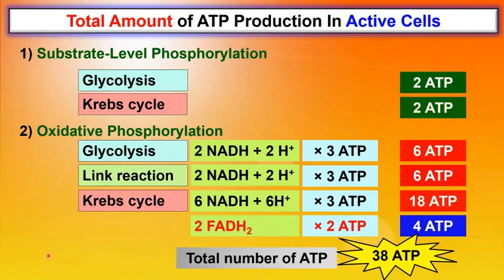So the grand total is 38 ATP produced from one molecule of glucose that undergoes aerobic respiration in active cells.